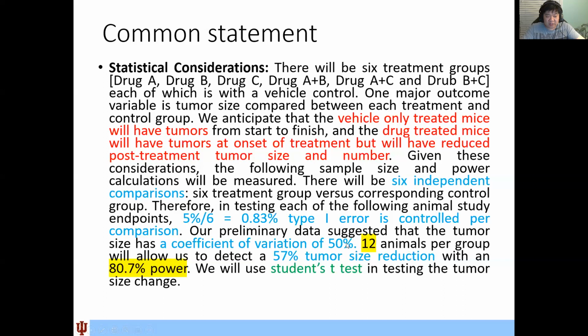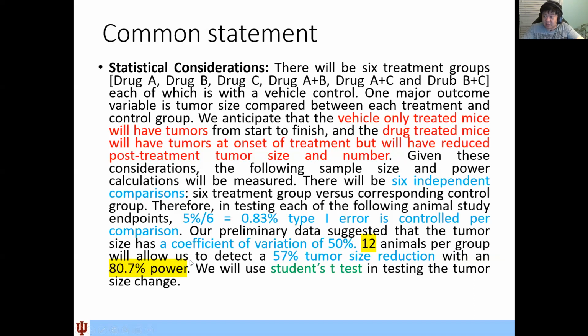The coefficient of variation and the tumor size reduction are based on our prior knowledge or our assumption about how different the tumor size will be between drug treated and vehicle control subgroups. Then with these values fixed, we will use the student t-test in testing the tumor size change, and with the statistical test fixed, we can compute that 12 animals per group will give us 80.7% power.